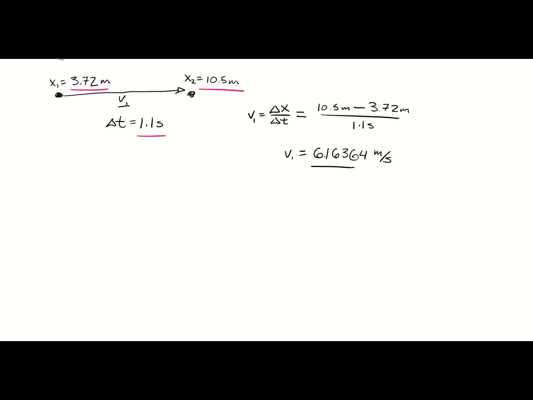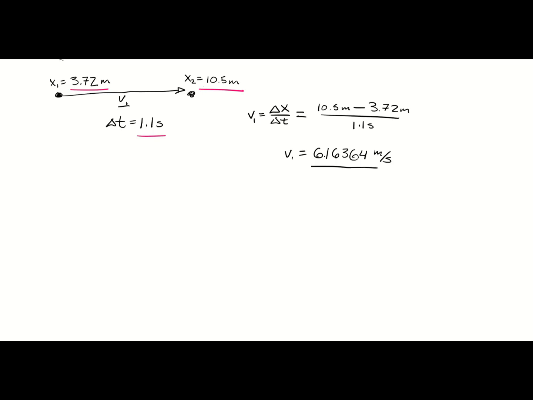But again, these numbers don't all mean anything. This would mean I could measure accurate to micrometers and microseconds, the fifth decimal point, and I can't. So a lot of these numbers are meaningless.